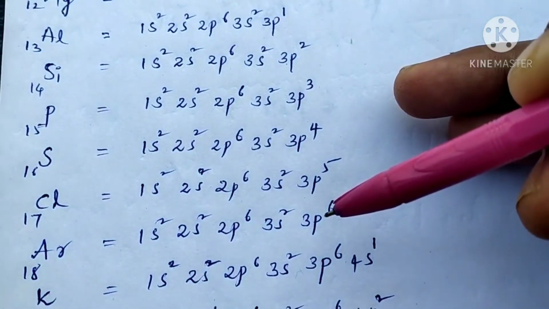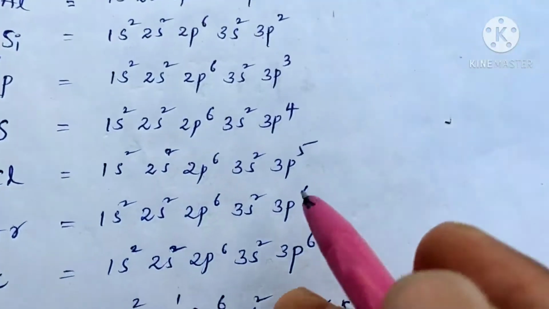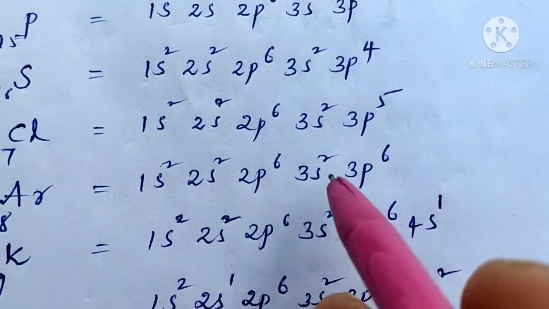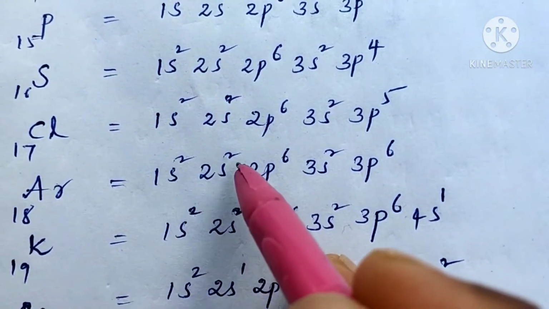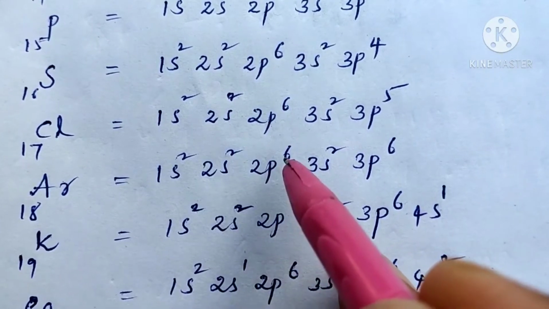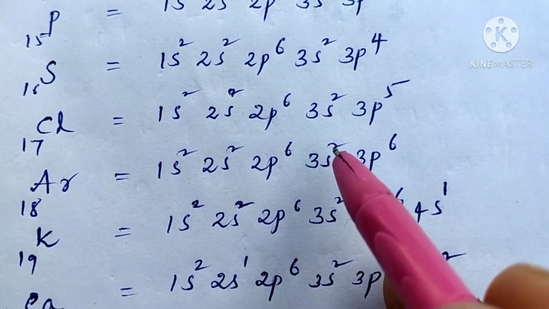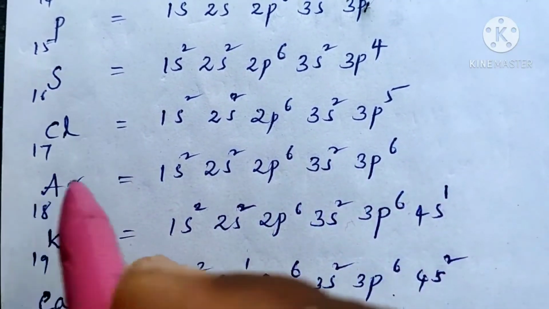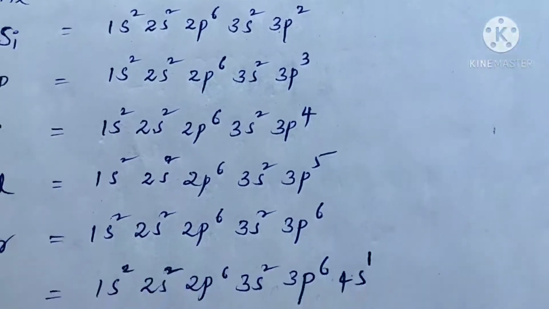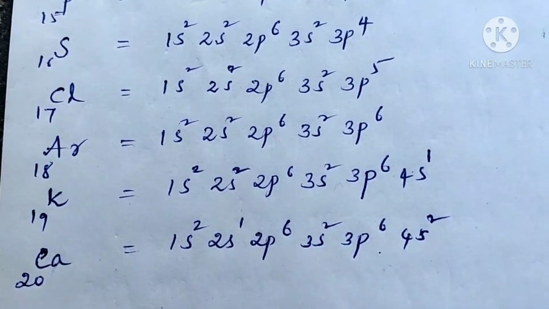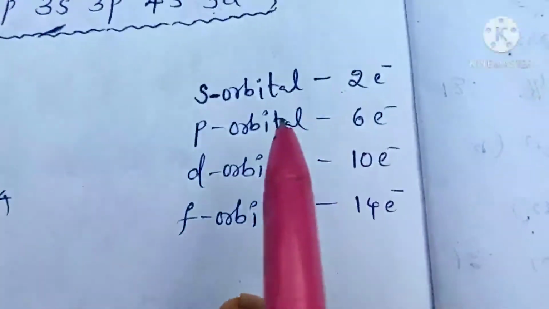That is what? Argon. You can add the powers so that you will get the atomic number. 2 plus 2 is 4, 4 plus 6 is 10, 10 plus 2 is 12, 12 plus 6 is 18. Understand? Next potassium, 19.